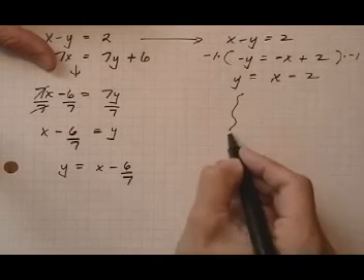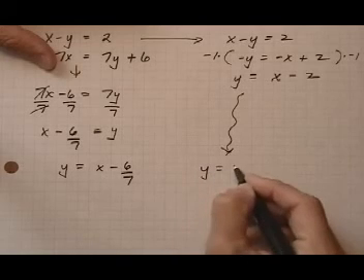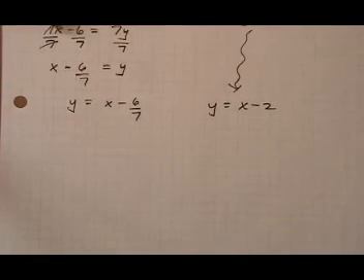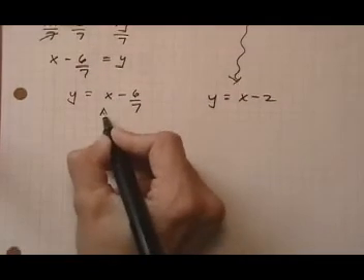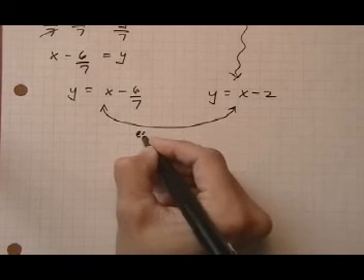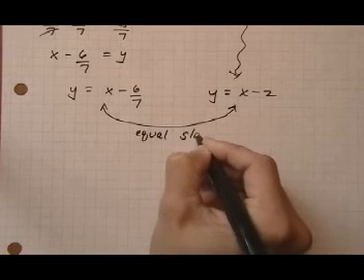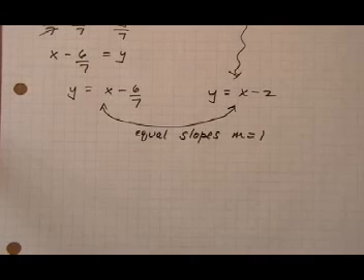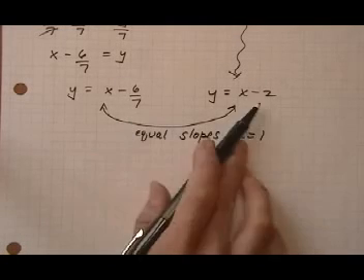Alright, and then when we're comparing it to y equals x minus 2, let's look at the slopes. Both slopes are 1. Equal slopes. Alright, so that means either we have two lines sitting on top of each other, or we have parallel lines, depending on the intercepts. The intercepts are different.